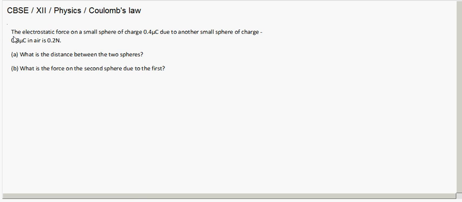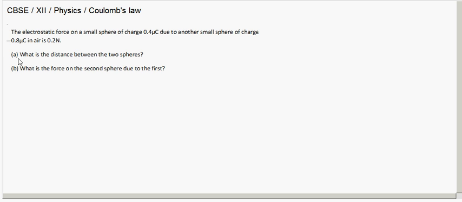First problem: the electrostatic force on a small sphere of charge 0.4 microcoulomb due to another small sphere of charge minus 0.8 microcoulomb in air is 0.2 Newton.